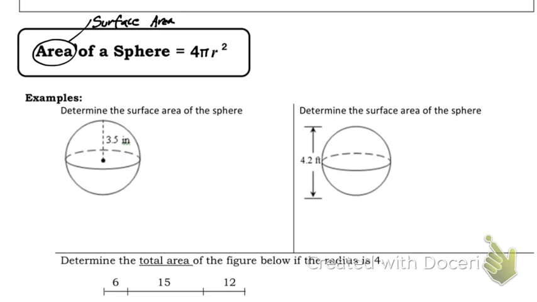So surface area of this sphere, my radius is 3.5, so my surface area is going to equal 4 pi 3.5 squared. I believe this comes out to 49 pi. And was I using inches?